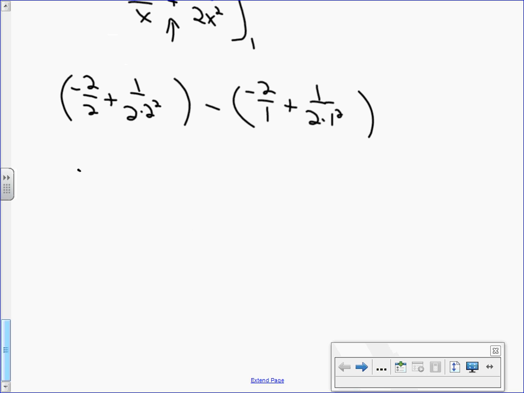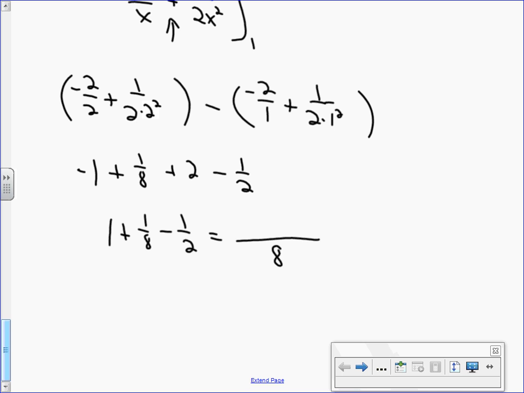A little bit more fraction arithmetic. -1 plus 1 over 8 plus 2 minus 1/2. Change everything into eighths. 8 eighths plus 1 eighth minus 4 eighths gives me the answer 5 eighths.